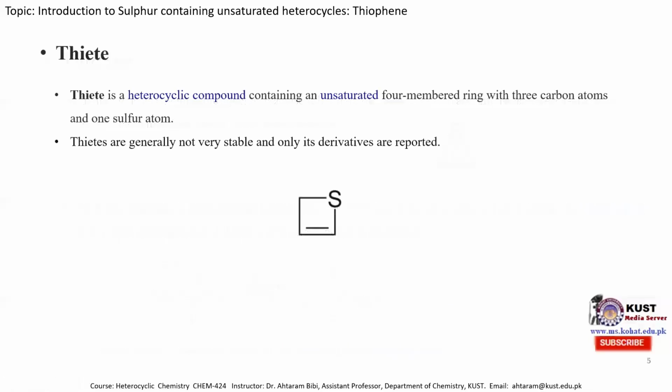Next is the thiete molecule, the 4-membered unsaturated sulfur-containing heterocycle. Thiete is a heterocyclic compound containing an unsaturated 4-membered ring, as one can see over here. Here is an unsaturation. It consists of 3 carbon atoms and 4 hydrogen atoms, 1 hydrogen here, 1 hydrogen here, and 2 hydrogens at this saturated carbon, and 1 sulfur atom.